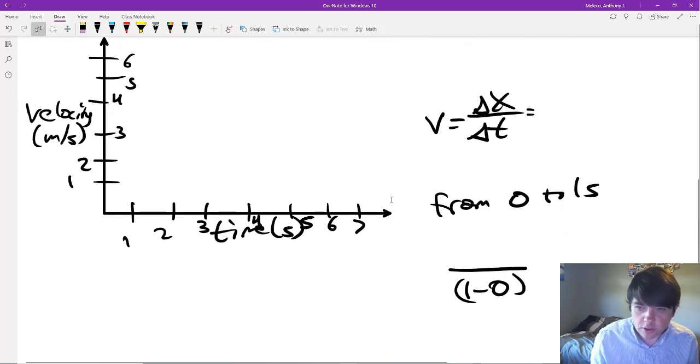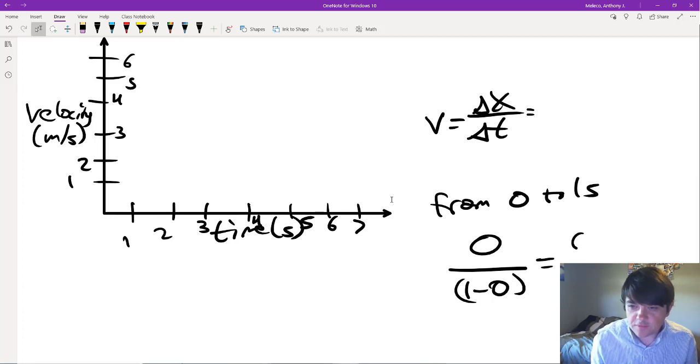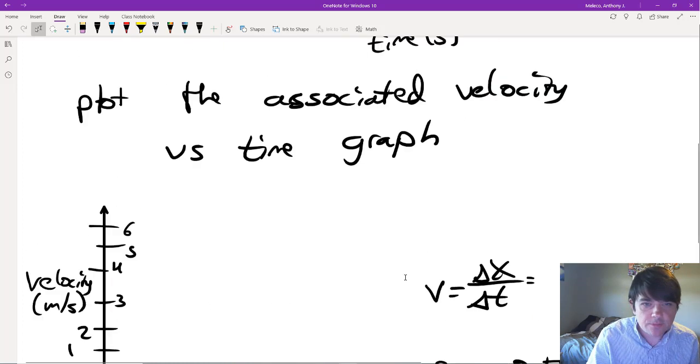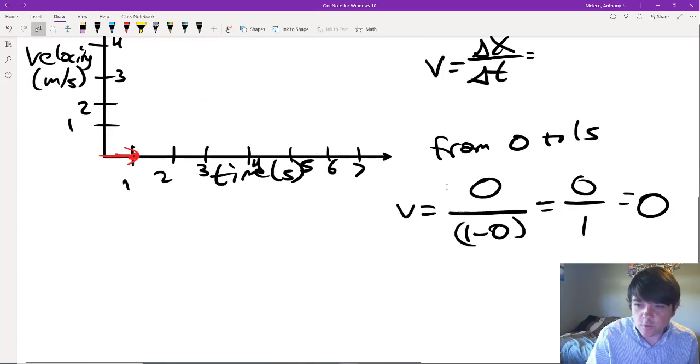We're not changing at all. So velocity is 0 divided by 1, which is 0. So our velocity for the first second is 0.